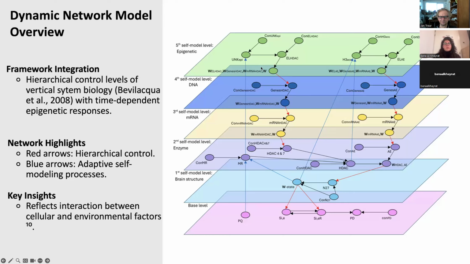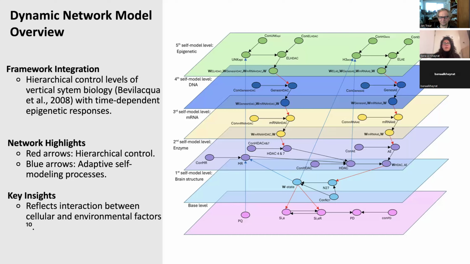So moving on to the last, finally, the top level. Here we explore the gene expression of the epigenetic mechanisms. These mechanisms control expression of the key genes, such as I mentioned the HDAC and the histone acetylation, genes that are involved with the histone acetylation.